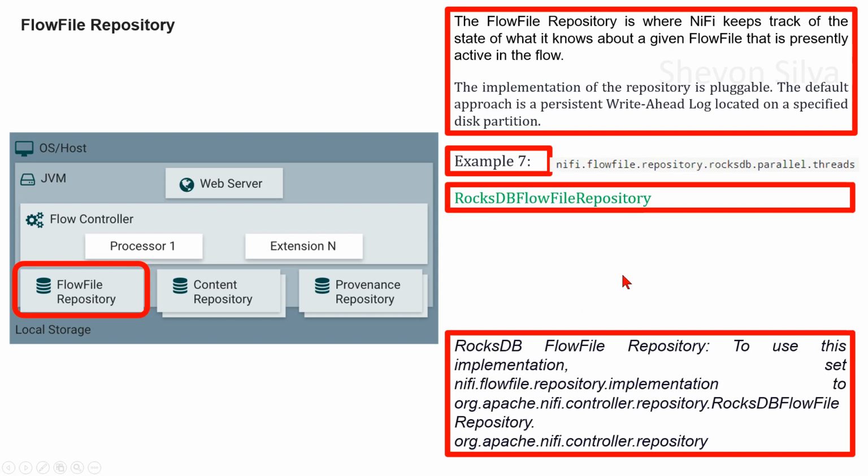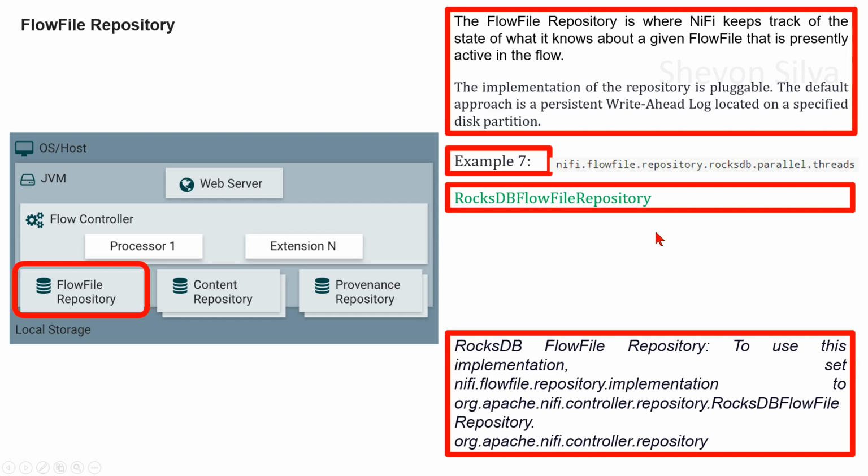Now we are considering RocksDB flow file repository. To use this implementation, set nifi.flowfile.repository.implementation to org.apache.nifi.controller.repository.RocksDBFlowFileRepository. This is in the package org.apache.nifi.controller.repository.